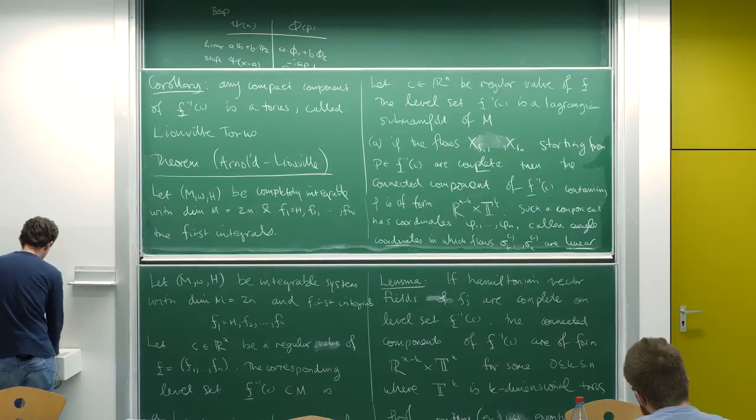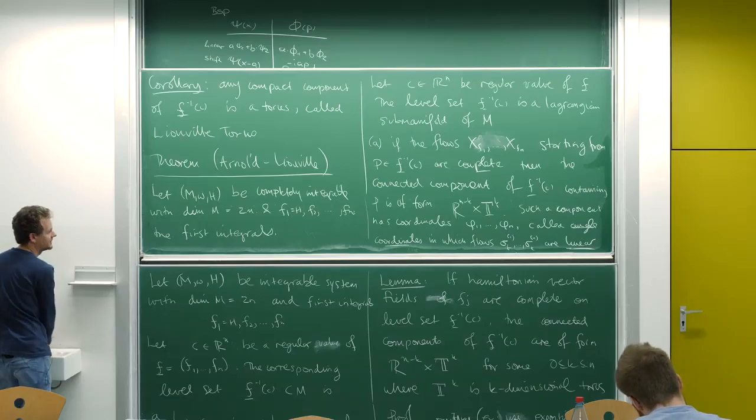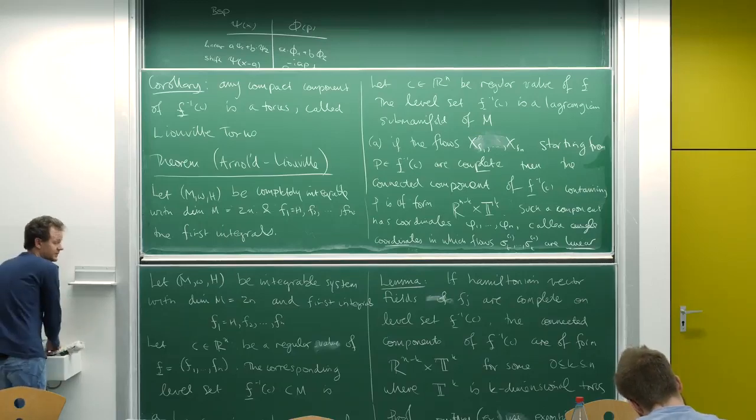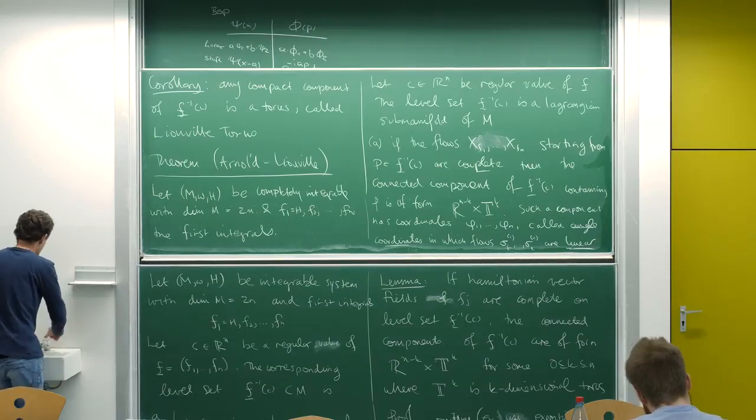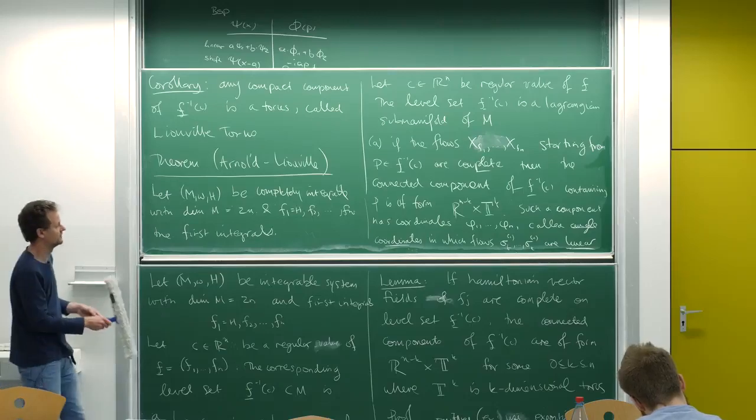So in proving the lemma that I wrote above, one of the side effects of that proof is that you can introduce this coordinate system where all of these flows are linear.